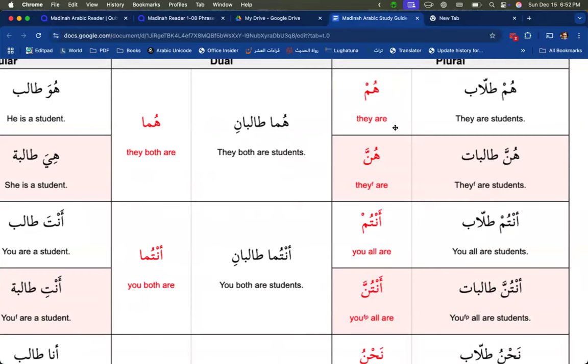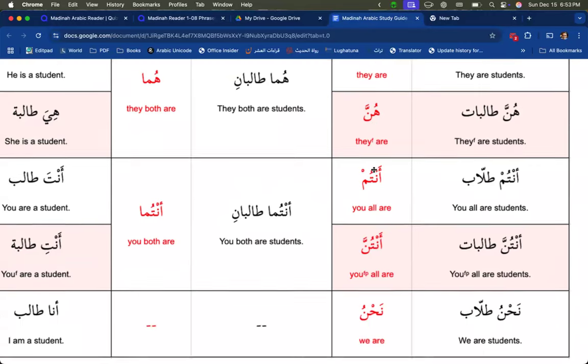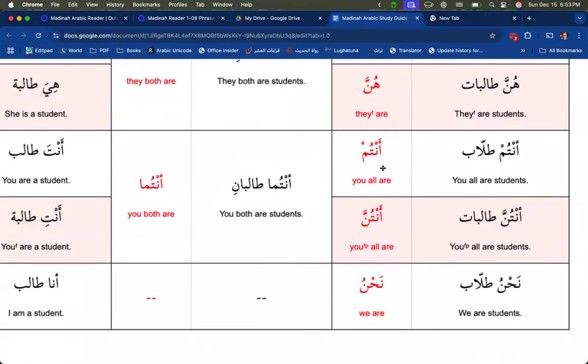Hunna, they, only females. Like, I've been memorizing Surah Al-Talaq, it's full of hunna, hunna, hunna. Second person, antum, you all, generic.